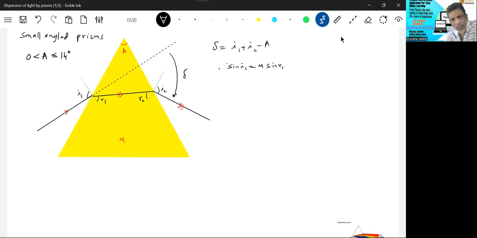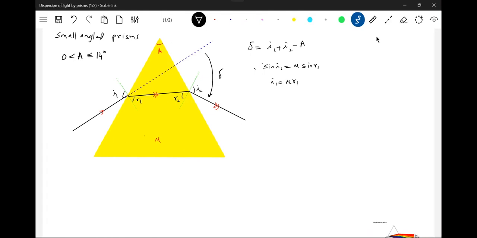As small angle prism, I1 is equal to mu R1. And similarly at the other surface, sine I2 equals mu sine R2, so mu R2 equals I2.